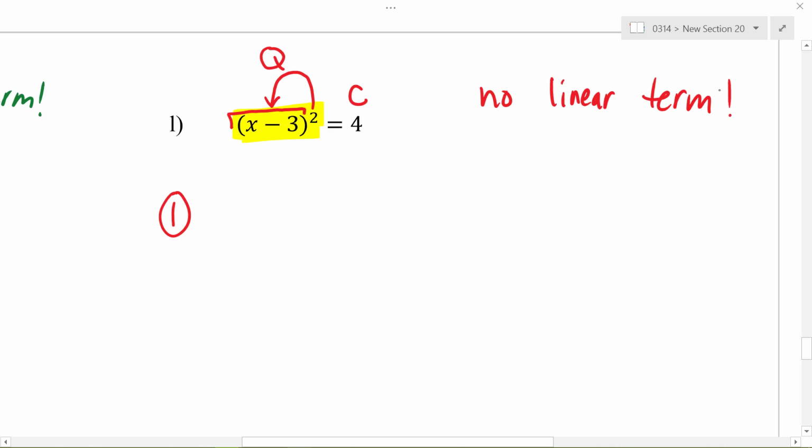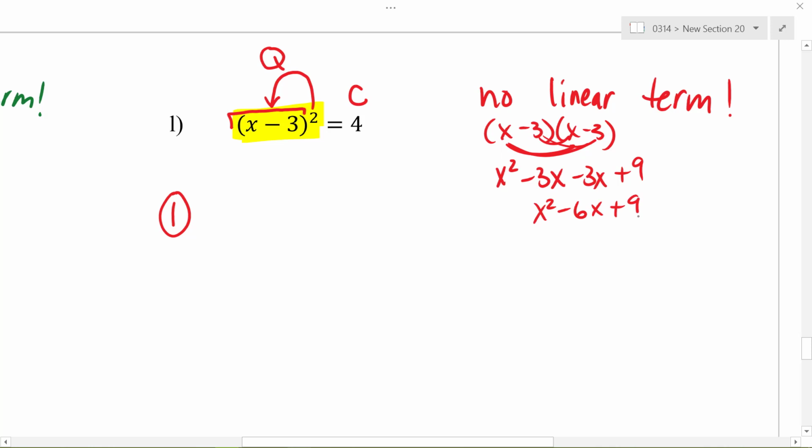Okay, so one thing that we want to be careful about is that we do not want to try to write out x minus 3 times x minus 3 and do any foiling. Okay, if you do write out x minus 3 times itself and FOIL, watch what happens. Okay, I'm just going to FOIL this. Combine my like terms.